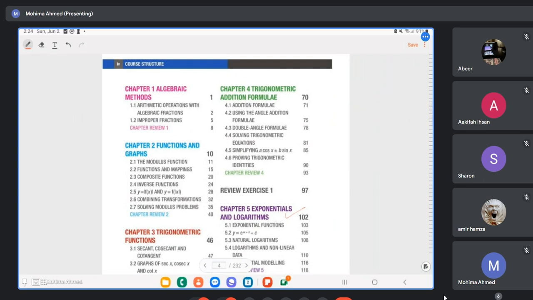We are not going to explain translation transformation in A2, but I'll take the recordings from my AS classes and give them to you so that you can revise translation, transformation, stretching, and everything before we start with our P2, P3 classes. Translation transformation is needed for P2, P3, P4. In all the four units, they're extremely important.